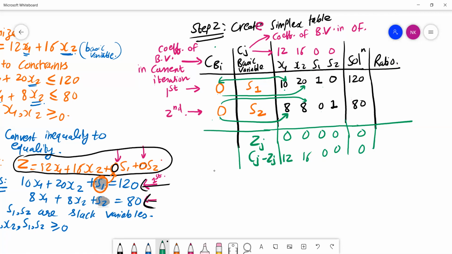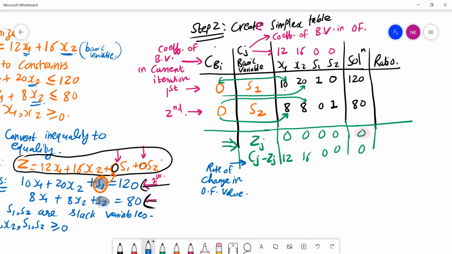So what does this mean? This particular step Zj will be telling that for each of the quantities that will be contributing, what will be the objective output value? So that is denoted as 0. Over here, it is nothing but 0. Now, Cj minus Zj gives you the information about the rate of change in objective functional value.